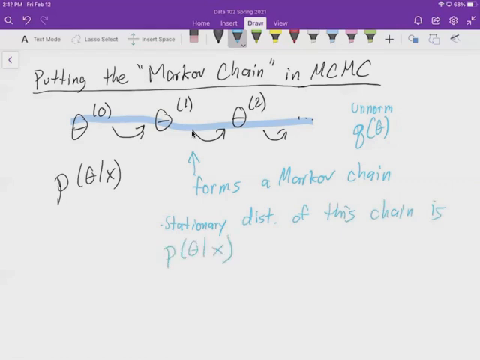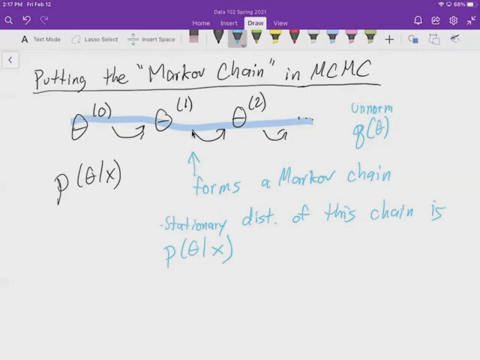So if we use Q of theta to generate samples in Metropolis Hastings, or if we use this series of conditional probabilities of one variable at a time in Gibbs sampling, then that process really gives us the stationary distribution as the actual P of theta given X.